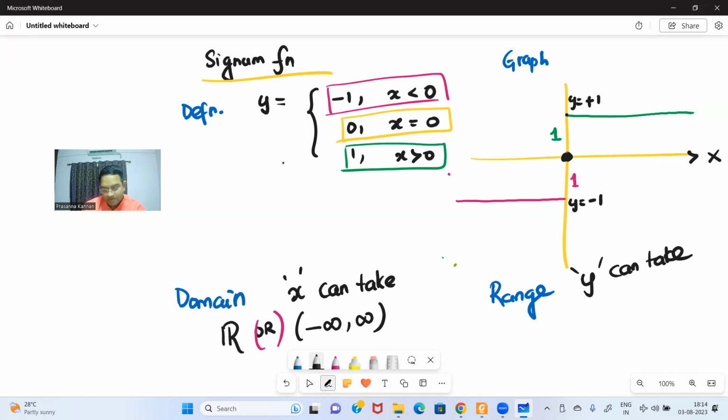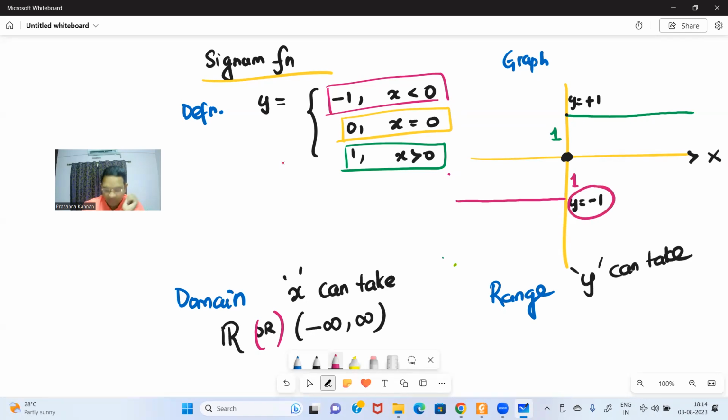Now tell me, Jerome, what are the values Y is taking in this function? 0 to infinity, sir. Listen, Jerome. X is varying from 0 to infinity, yes or no? So Y value is not varying. How many values are there for Y in this question? From -1 till 1, sir. Not -1 till 1.